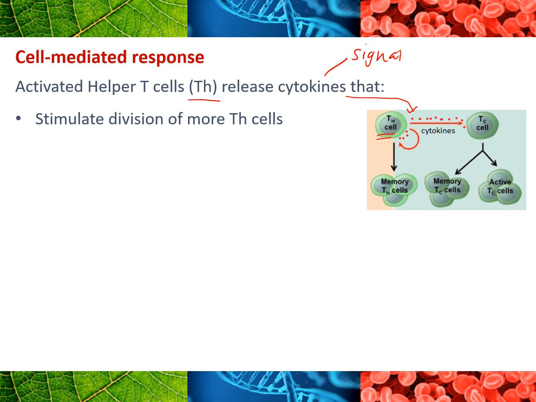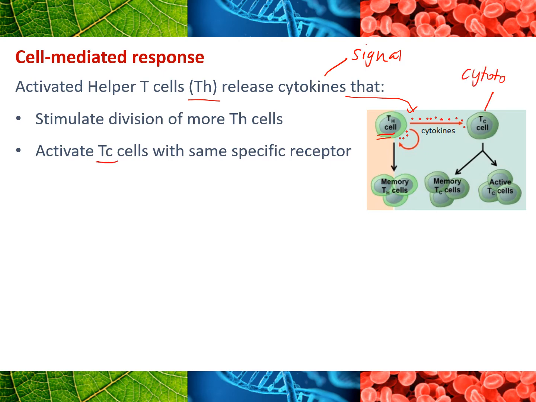So they'll start to go through mitosis and stimulate more helper T cells. They'll also activate our cytotoxic T cells. Okay, so that's what the TC is, cytotoxic or killer T cells, again with that same specific receptor.